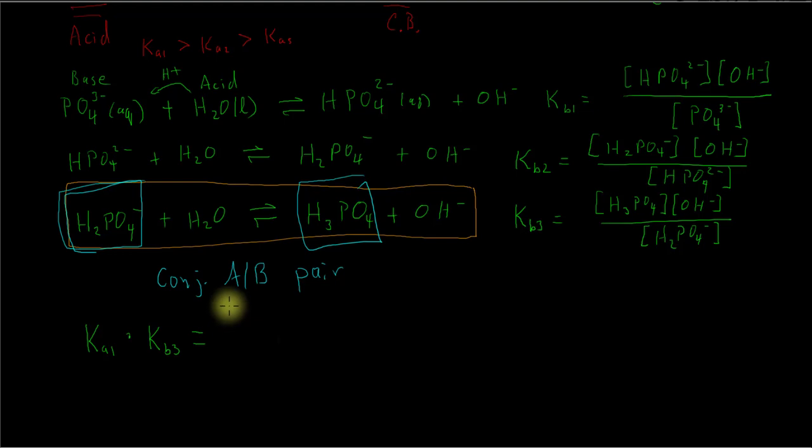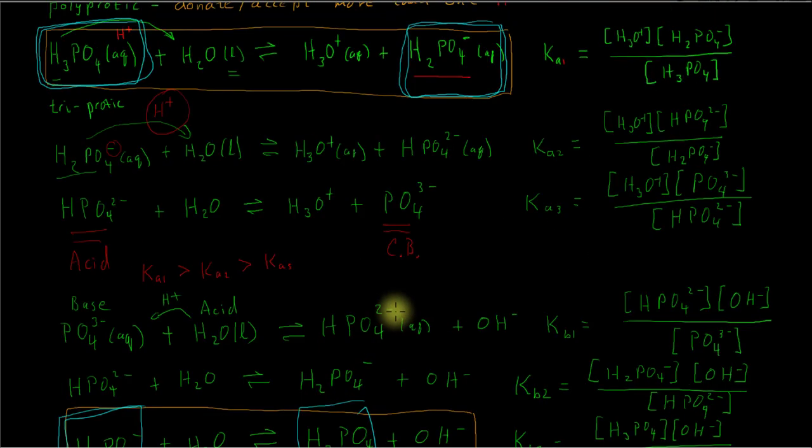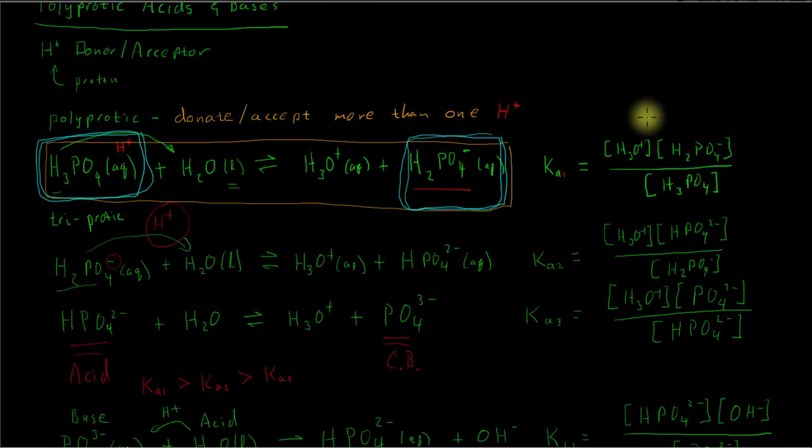Well, let's write down those equilibrium constant expressions. Remember, our Ka1 is going to be the H2PO4- times the H3O+ concentration divided by the H3PO4 concentration. So let's scroll back up and just confirm that. Yep, there it is over here on this side. So right there is our Ka1 expression.